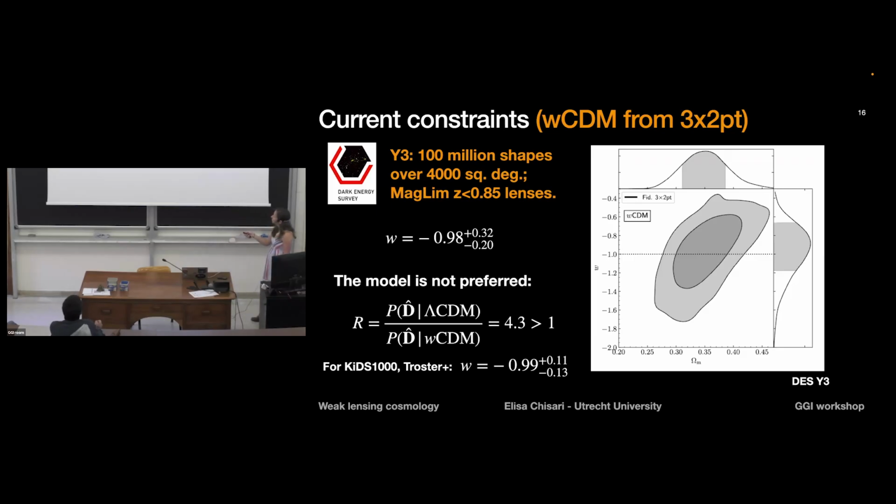Is this model preferred compared to lambda CDM? The answer is no, and the same thing happens for 3x2pt combinations for the KiDS-1000 data. In that case, it was not preferred either, and the constraint was very close to -1. We don't yet have this for KiDS Legacy, so stay tuned because more stuff is coming out at some point.